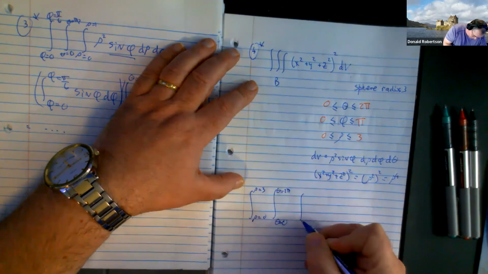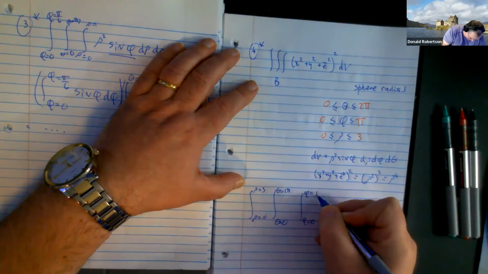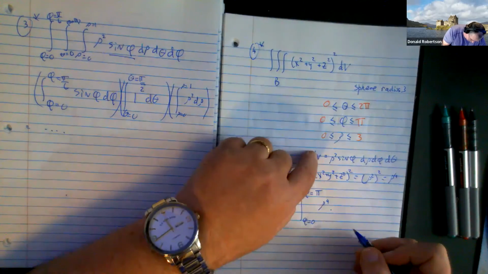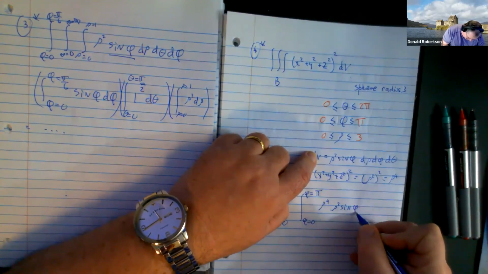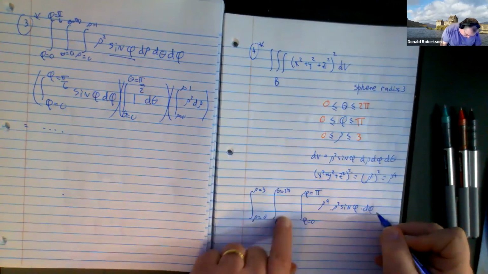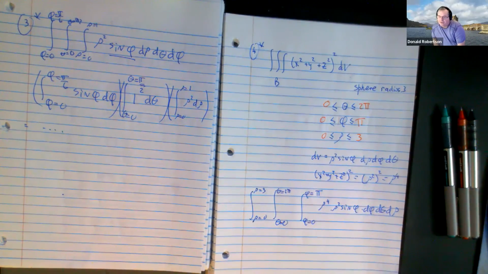And phi equals 0 to pi. And this fella becomes rho to the 4. And then you add in another rho squared sine phi. And then in the order I've written it, it's going to be phi, then theta, then rho. Would you be comfortable about completing that question now that we've set it up? You'd end up with rho to the 6, but aren't they variable separable again, which kind of makes your life a lot simpler?